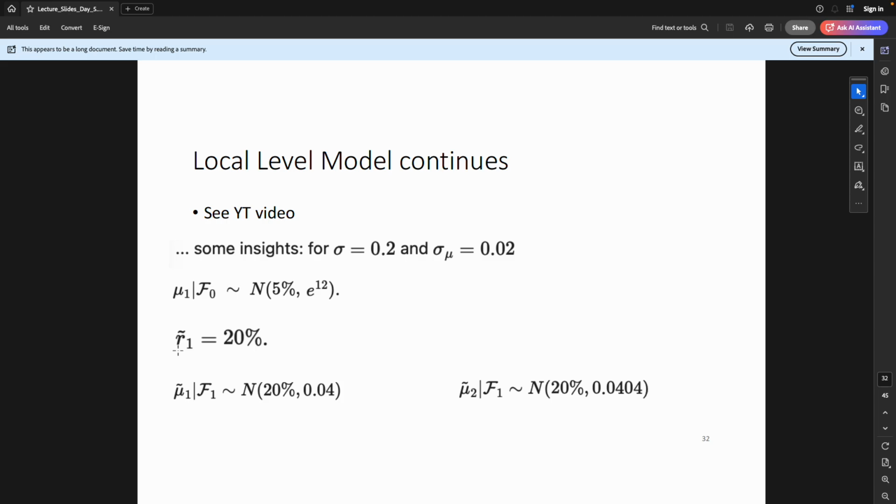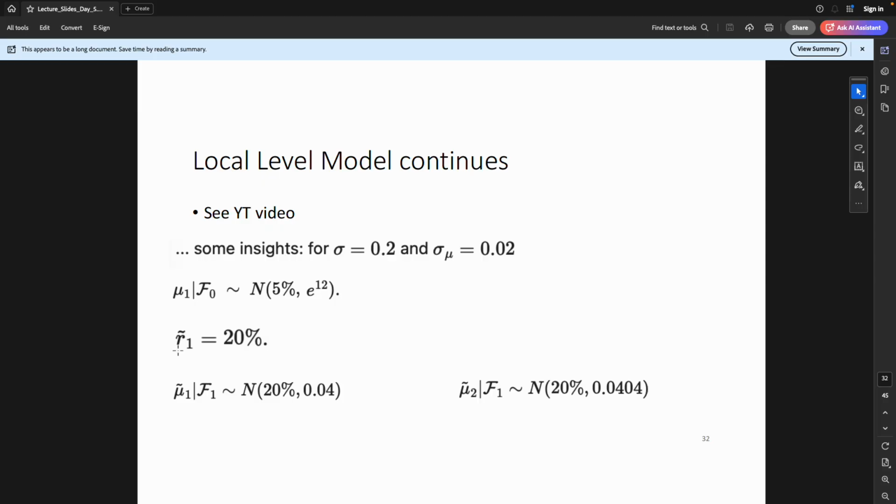So we will shift here to 20%, and the variance will be 0.04, so very tight relative to e to the 12. So the new density after seeing the data point might look like this. Expert knowledge, now data comes in terms of the realized return, and we shift the density towards what we see.